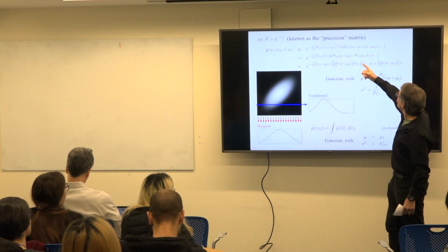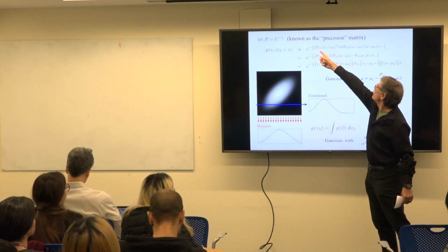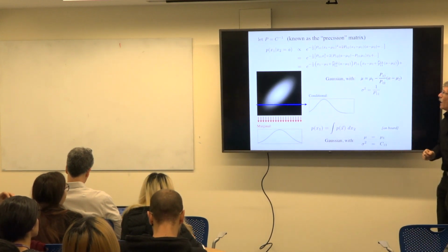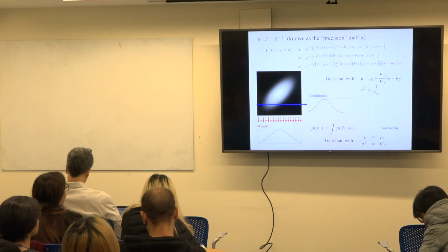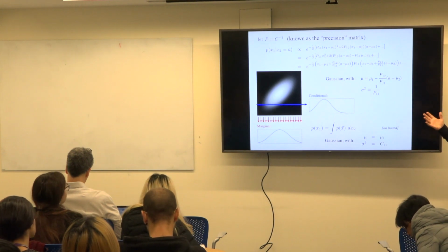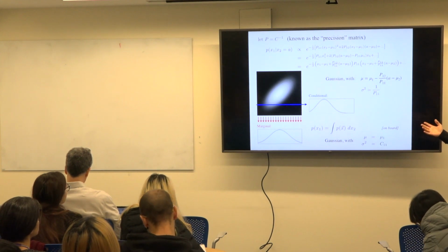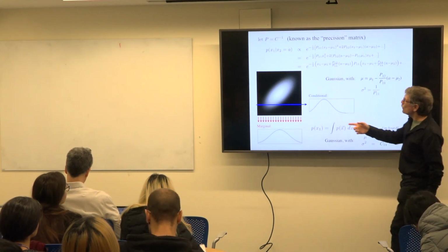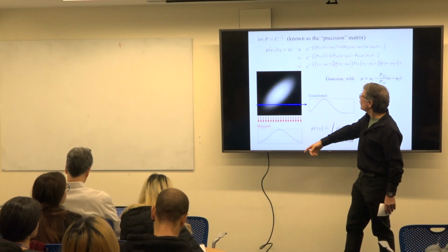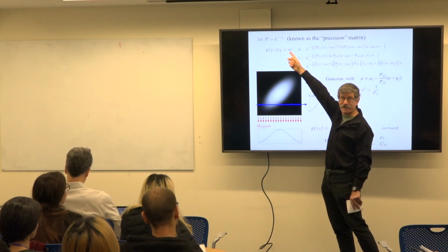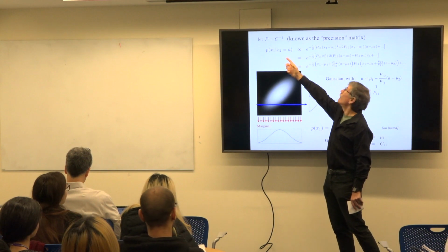So the inverse covariance matrix has elements like P11, P12, P21, P22, right? And so the math here is basically take the Gaussian and write it out, but for x2, meaning the y-axis, put in a particular value, okay? So that's now a constant, and see what you get.